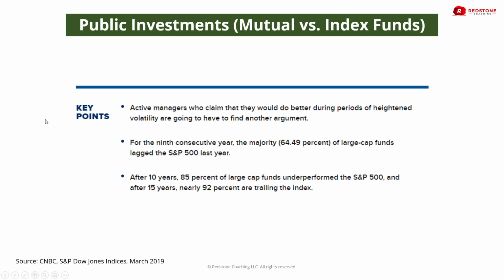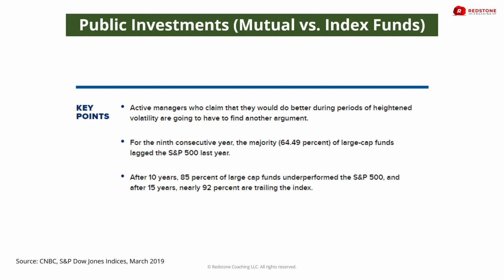Now, is this just me saying this? No, all of this is based on research. This was a public report done by CNBC and S&P Dow Jones, and I want to read through it with you. Key takeaway points: active managers who claim they would do better during periods of heightened volatility are going to have to find another argument.